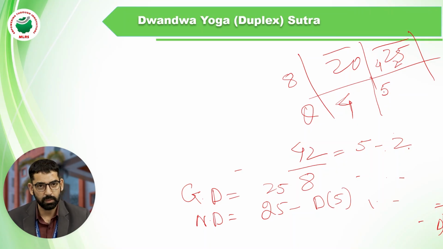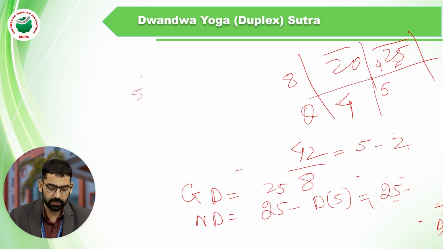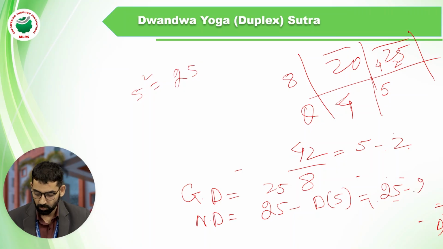Here now we have a number appearing there, that is 5. We have to find the duplex of 5. This is 25 minus, how to find the duplex of a single digit number? That is by taking the square of that number, which is 5 squared, 25. So that is gross dividend minus duplex of 5, which is again 25. So 25 minus 25 equals 0.